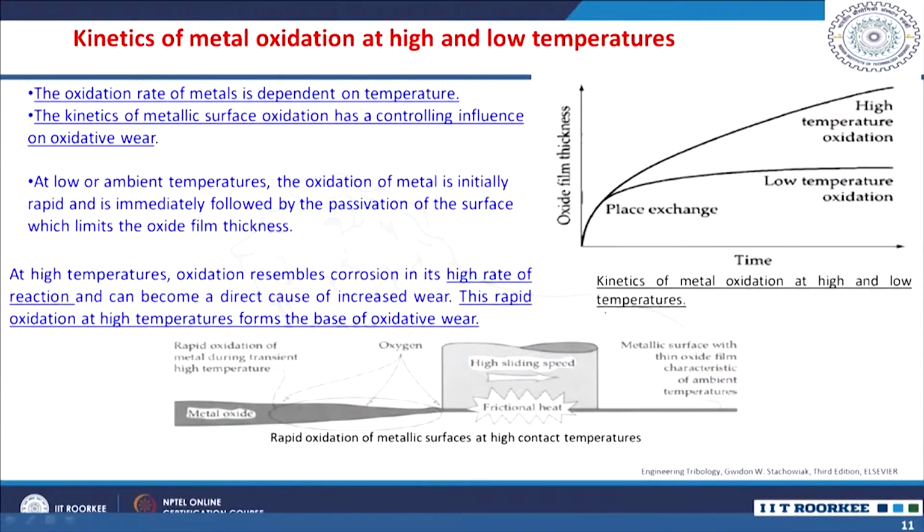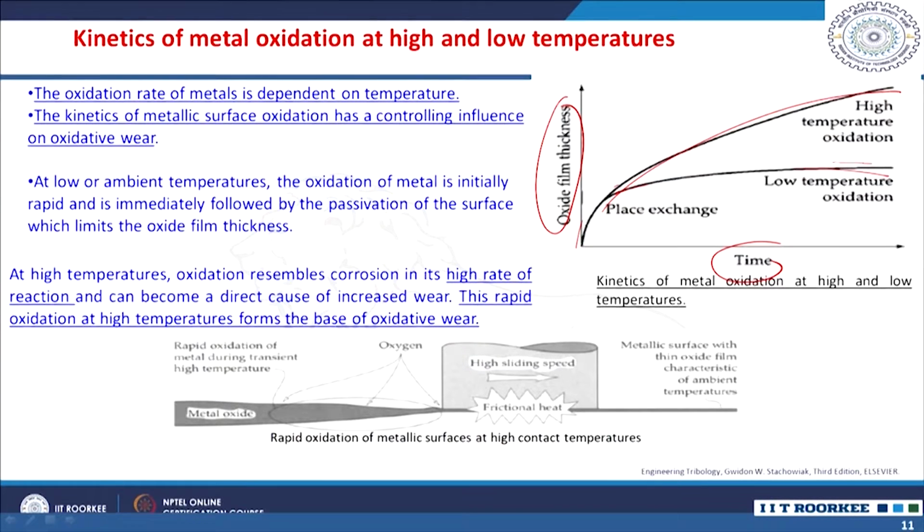If you look at the kinetics of metal oxidation at high and low temperatures, at low or ambient temperature, the oxidation of metal is initially rapid, followed by passivation of the surface which limits the oxide film thickness. So, you can see the oxide film versus the time. Initially there is low temperature oxidation and then high temperature oxidation.